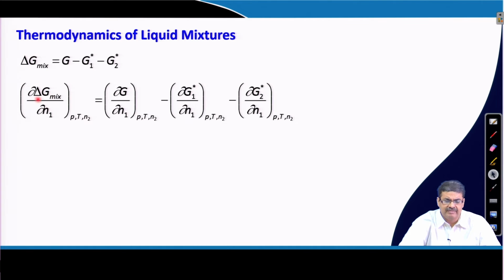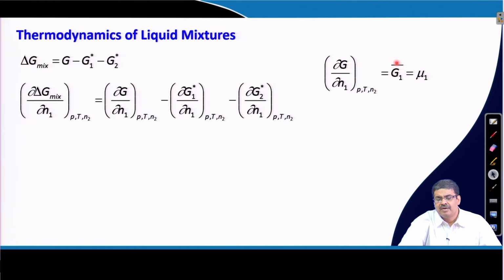So, we can differentiate this with the number of moles of solvent and we get this expression. This is the partial molar Gibbs free energy, which is also called chemical potential of the solvent in this case, because we are using 1. This term is the chemical potential of the pure component, and if we use 1 bar pressure, then this is the standard chemical potential for the solvent molecule.